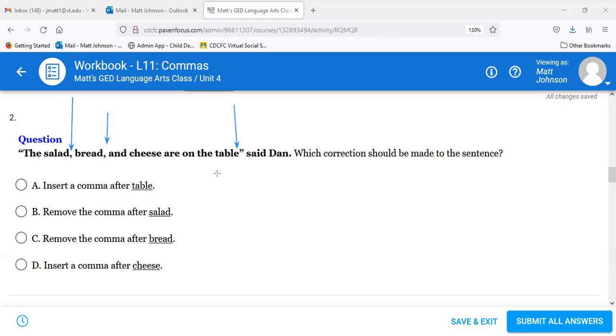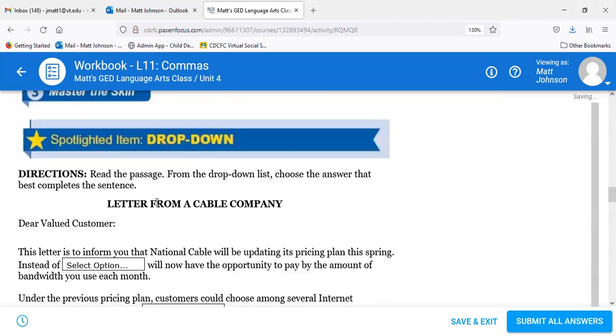We want to end the quotation with a comma. And they're kind of throwing those at you a little bit. We're probably going to see those in the next few examples down here in the paragraphs. So, yep, our series is good here. We just needed the comma after table.